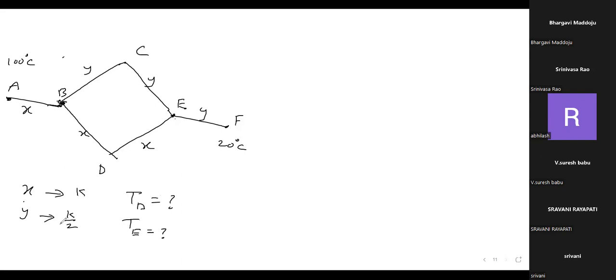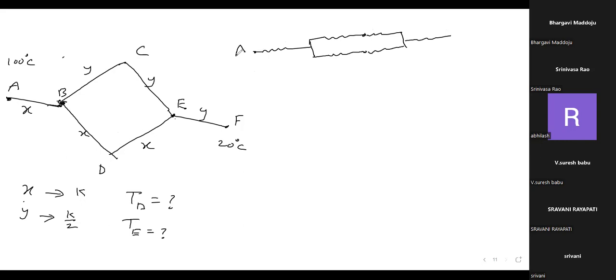I'll do one thing. AB has one resistor like this. You can write these two are in series.